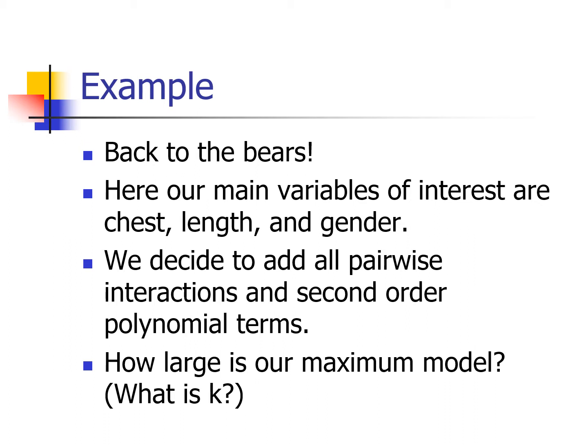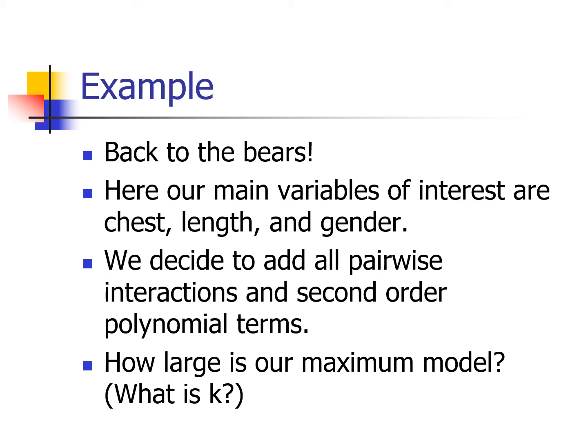So if we want to focus on just our variables of chest, length and gender, what is our maximum model? What is our K? How many variables are there in our largest possible model?